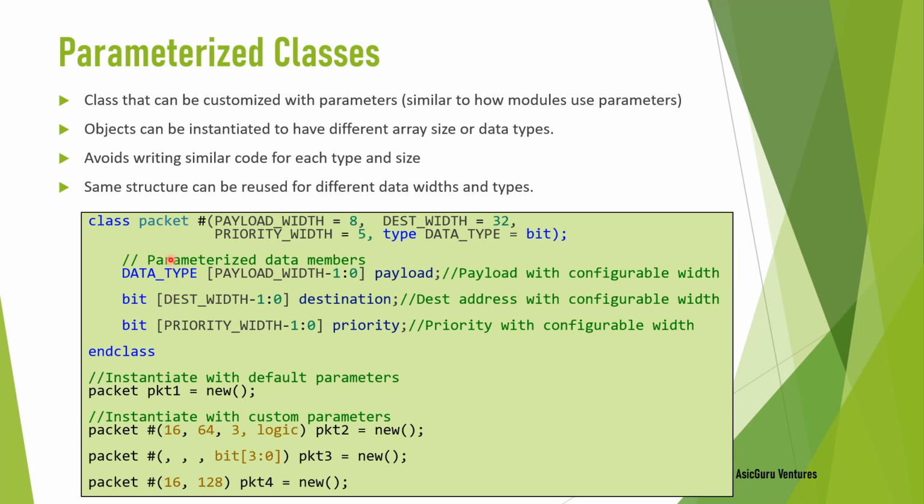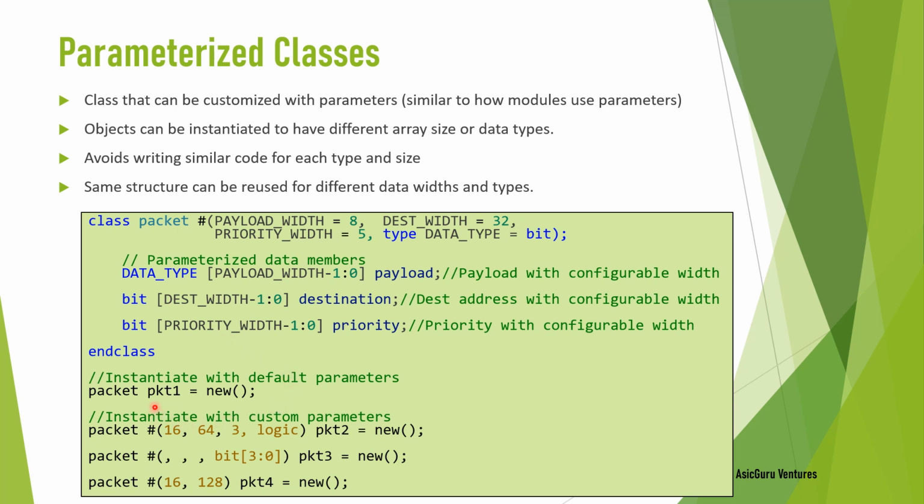For example, with this packet class, we have 3 parameters: payload width, destination width, priority width, and we have a type parameter called data type. So inside this class, we are using these parameters to define data members like payload, destination, and priority with customizable widths and type. Now see how we can instantiate these classes.